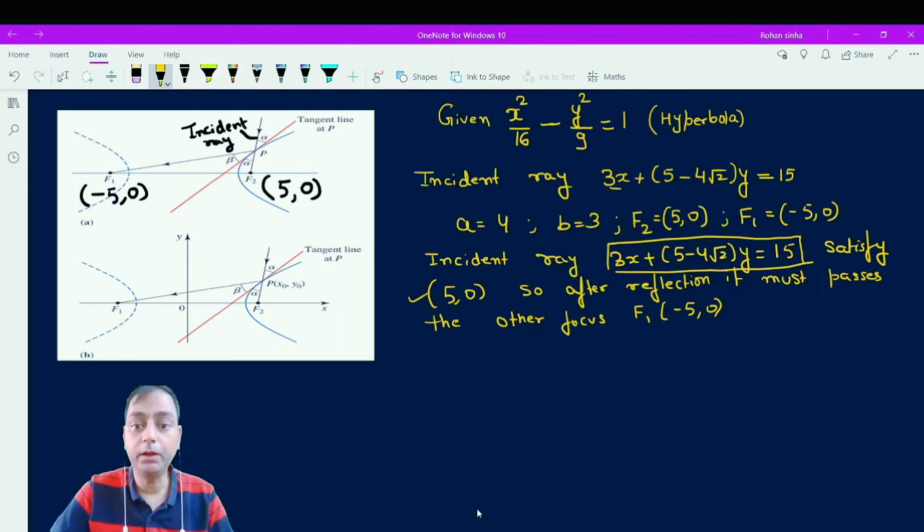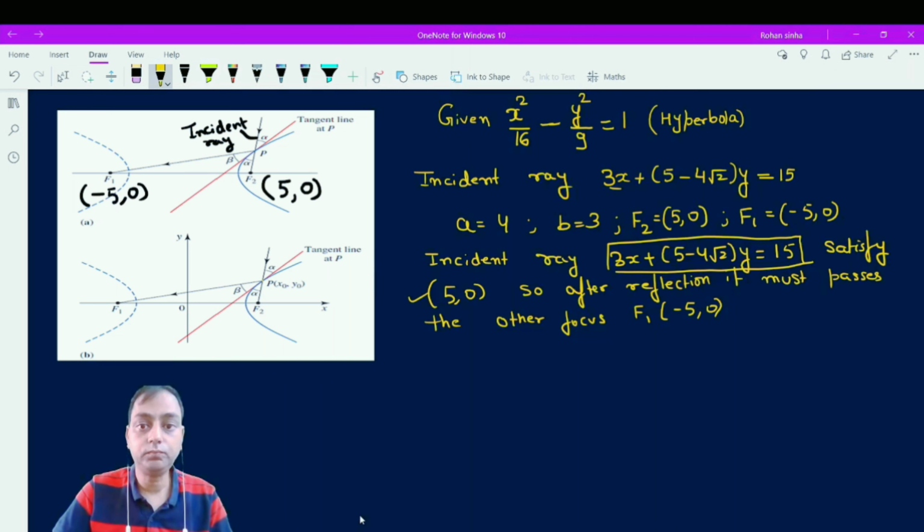And after reflection it must pass through the other focus F1 (-5, 0). So this is the key step here. Once we know the coordinates of point P, (x0, y0), we can easily find the equation of the reflected ray using the equation of a line.